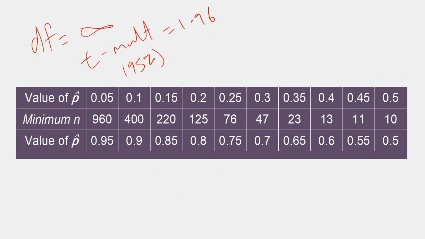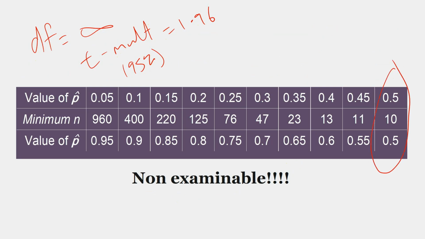So that's a bummer, but what happens is we've got this table which is non-examinable. You don't have to memorize any of these numbers, and it is in your blue pages. But it's good to have an idea of what this is for. So what this table says is that if you have a proportion down this end of the table, 50-50, you don't need to have that big of a sample size.